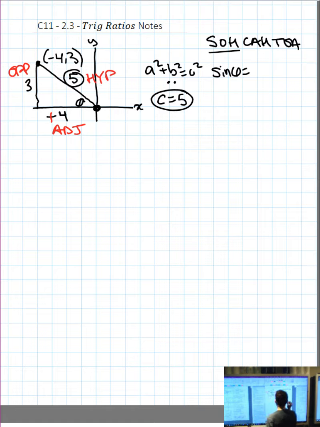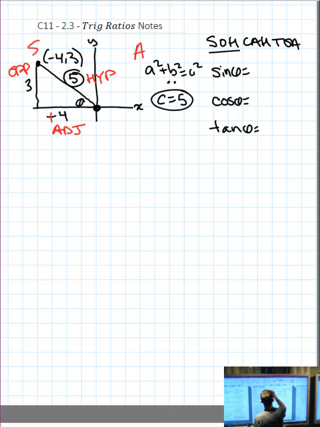So my sine ratio will therefore be opposite 3. No, excuse me, I'm going to write my 3 definitions first. Sine theta equals, cos theta equals, tan theta equals. And I'm going to do what I said I did from the last section. I'm going to ASTC my graph.